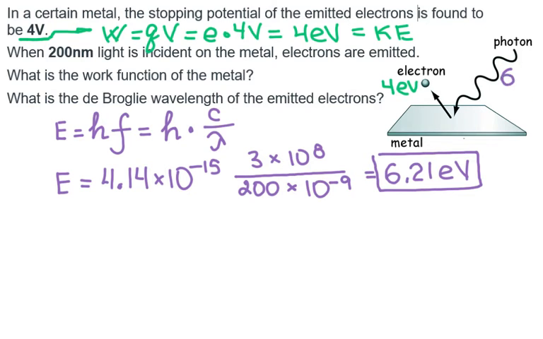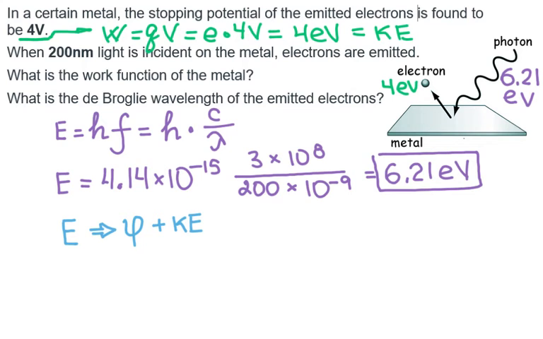And I'm going to rewrite this in purple so they match the colors. Then I can use another formula where I know that the energy coming from the photons is going to be spread between two types of energy: the work function needed to pull out electrons from the metal plus the kinetic energy of those electrons.